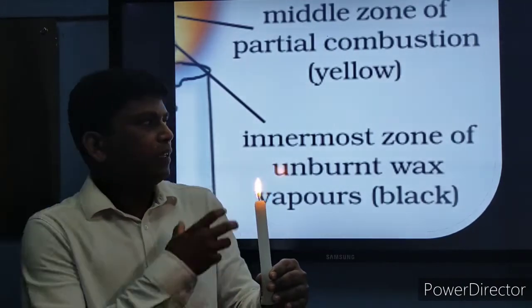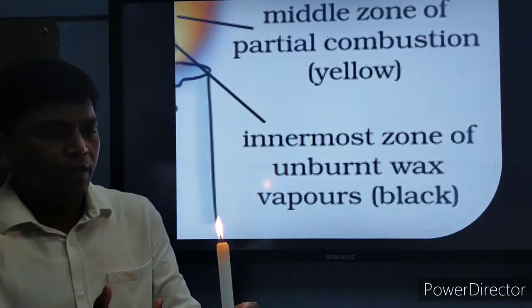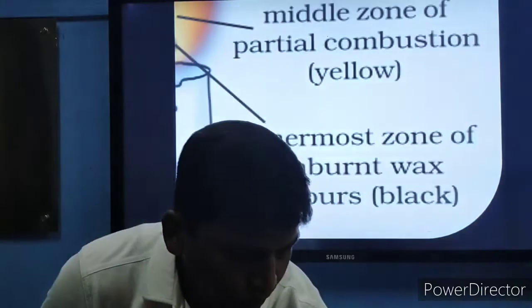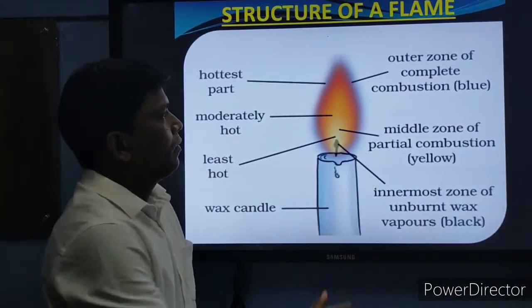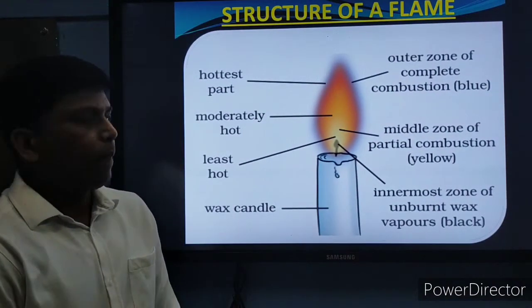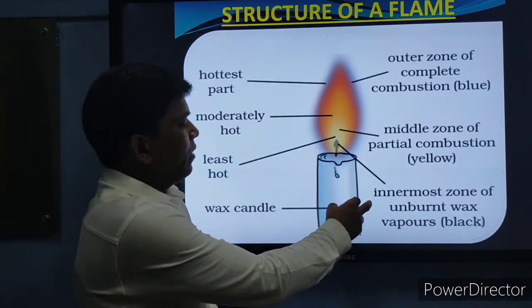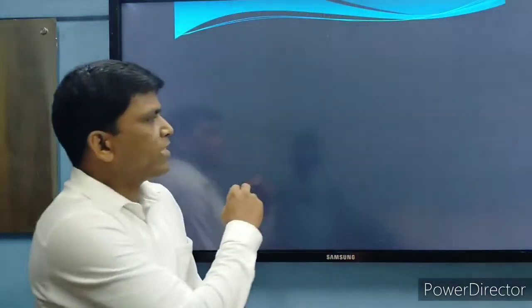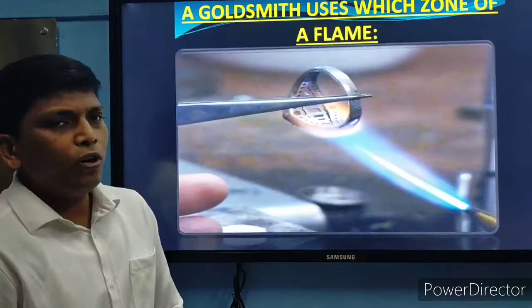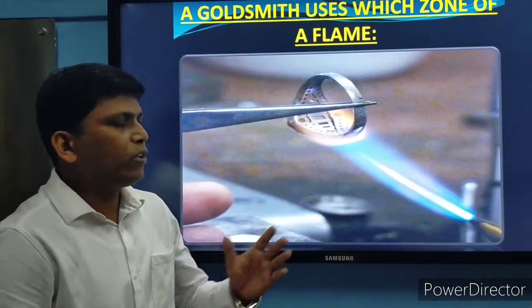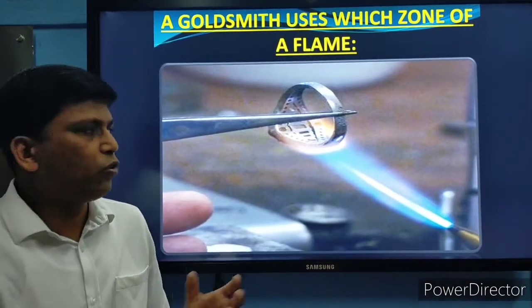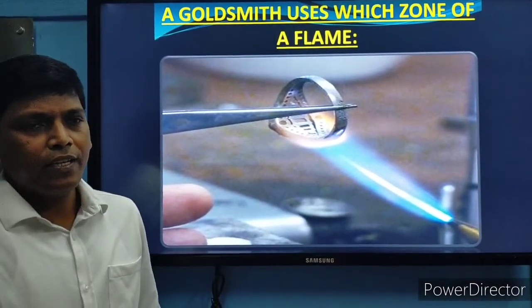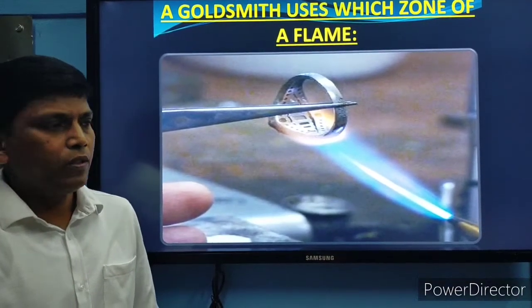In this way the flame can be divided into three parts, and the outermost part is the hottest. You must have seen goldsmiths use the outermost, hottest zone of the flame while melting gold, so that they can easily melt it.